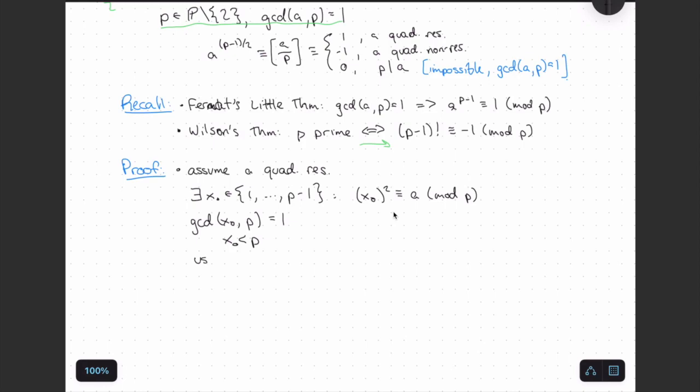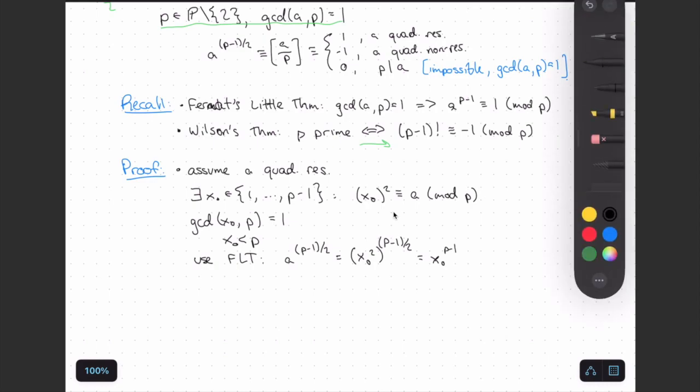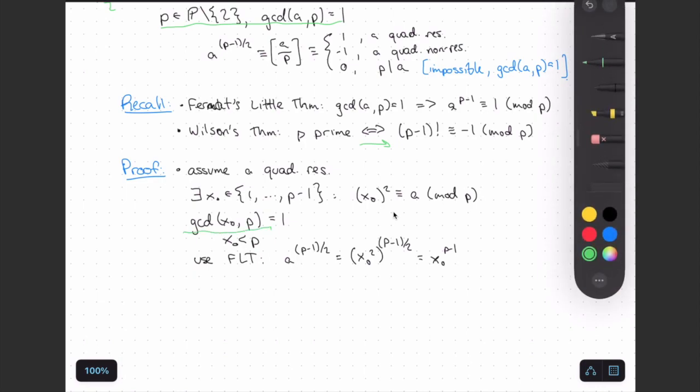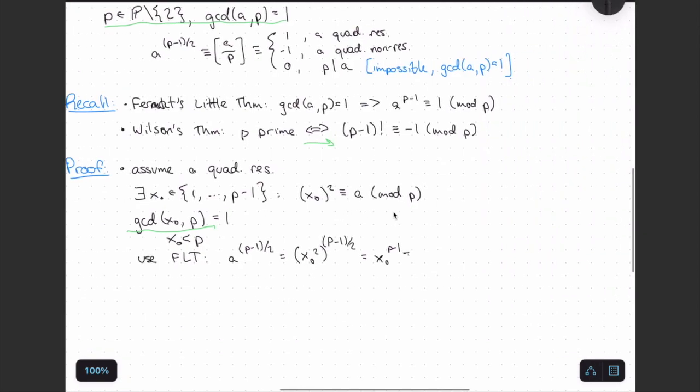Therefore, we can use Fermat's little theorem and say that a to the p minus 1 over 2 is equal to x naught squared to the p minus 1 over 2, which is just x naught to the p minus 1. But since the GCD of x naught and p is equal to 1, this expression is equivalent to 1 mod p. Perfect.